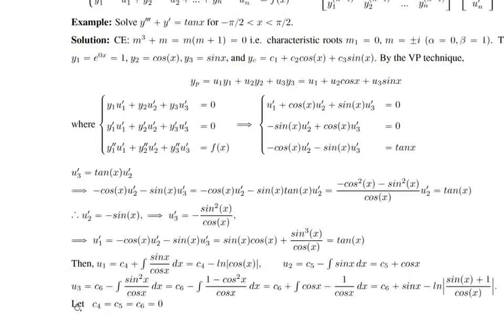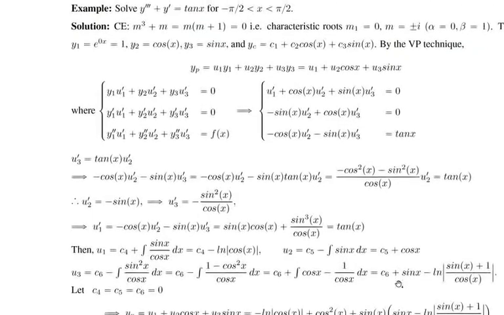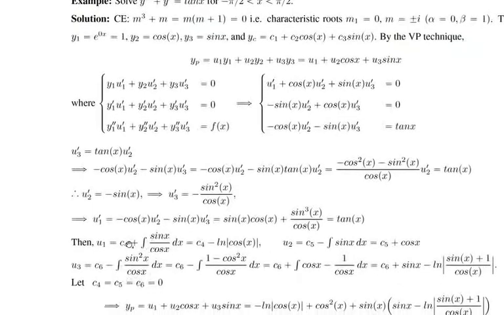And finally, u3 is the antiderivative of minus sine squared x over cosine x. We already found the antiderivative in the previous example. This will be equal to some constant c6 plus sine x minus ln of secant x plus tan x, or you can write it in this form. As usual, we're going to assume that the constants c4, c5, and c6 are equal to 0 for simplicity.